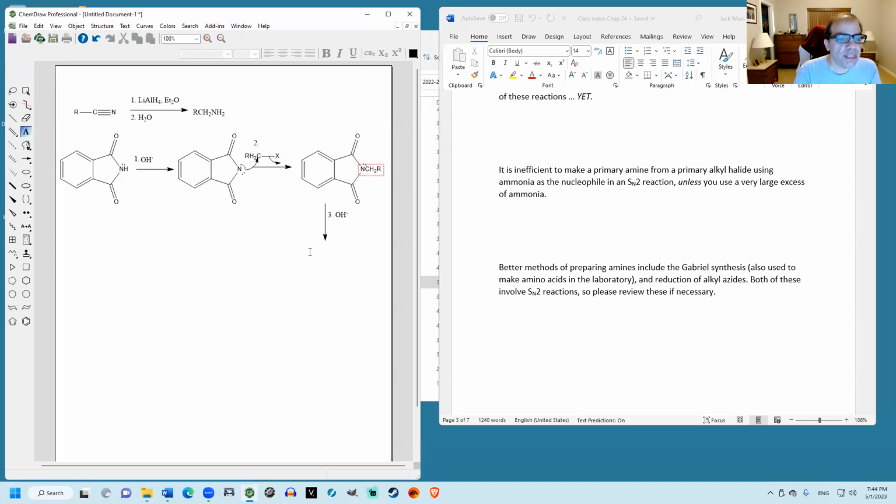And that cleaves out the amine, and gives you phthalate as the byproduct. In other words, the rest of the aromatic ring. We really don't care about that. We care about the major organic product, which is the amine. And that's a good way of making amines.